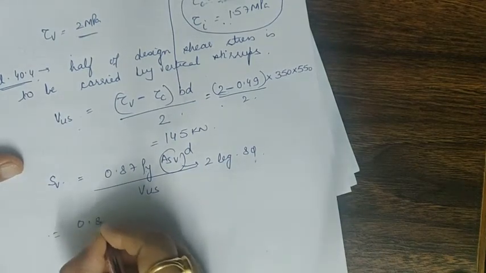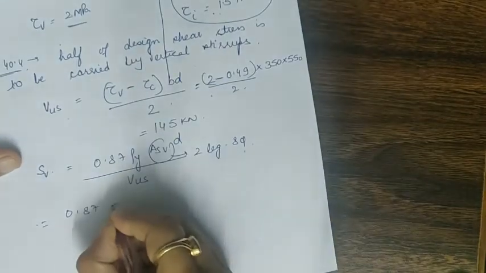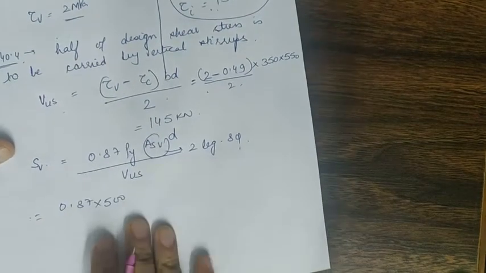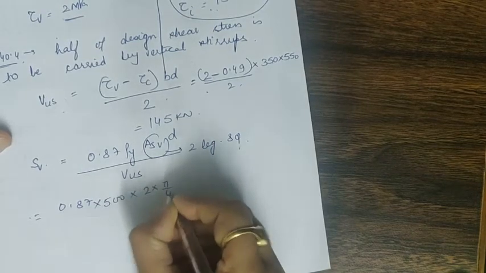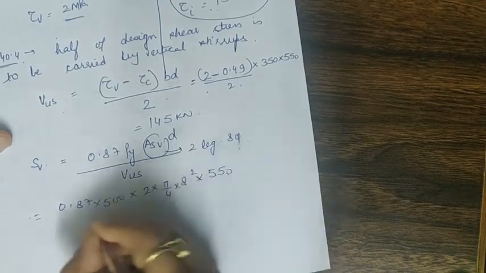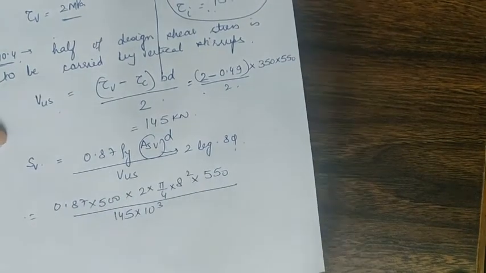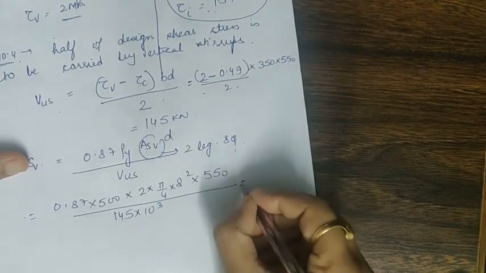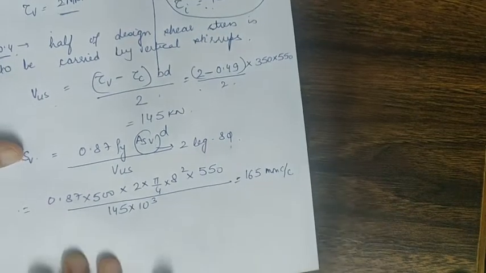So spacing will be 0.87, Fy is 500 because we are using Fe 500 steel, into 2 legs of 8 mm dia. Depth is 550. This is 145 kilonewton. I'll convert it into newtons. So this is coming out to be 165 millimeter center to center.